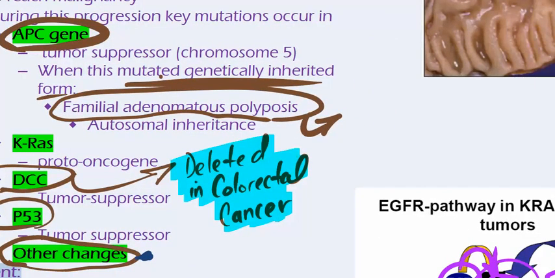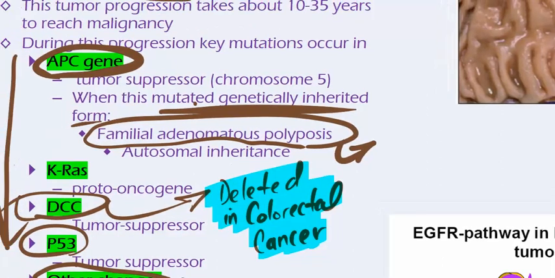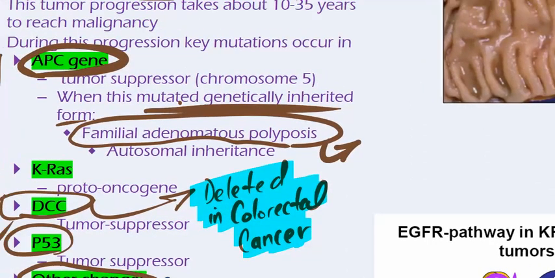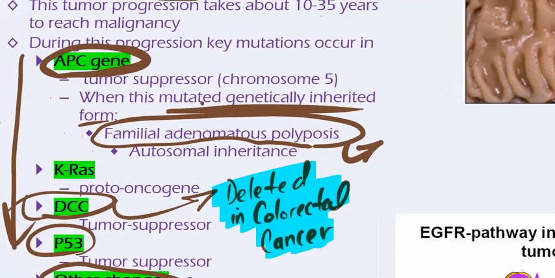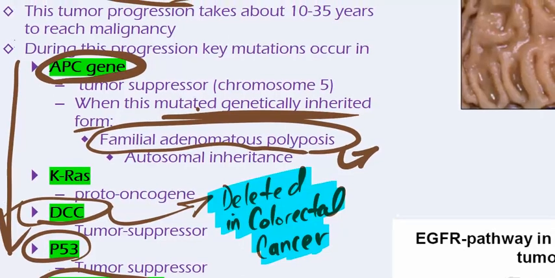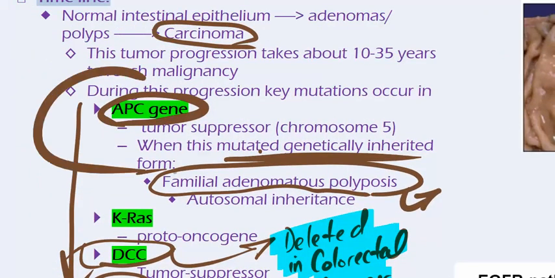It's on the slides. Check what it is. If you have this inherited condition, that means you're going to have polyps in your colon. So you're already going to have this first mutation present. But generally, when you have colorectal cancer, the first thing that gets mutated is the APC gene.